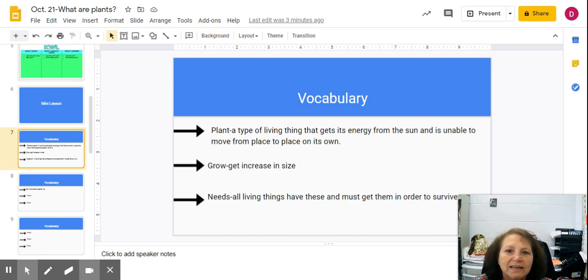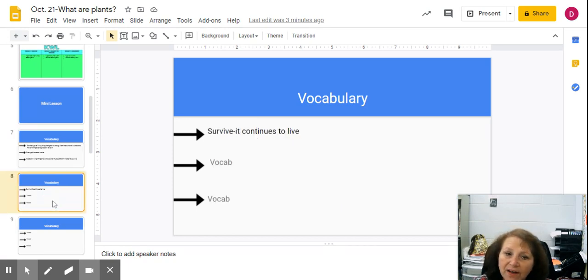Grow: get an increase in size, so it would get bigger, taller, fuller. Needs: all living things have these and must get them in order to survive. Survive means it continues to live.